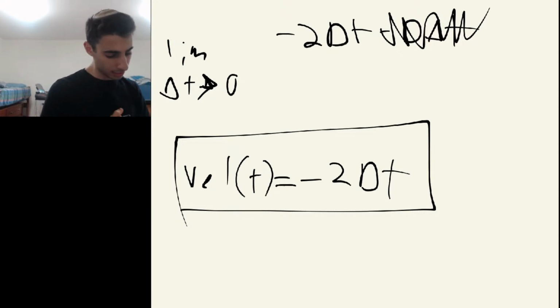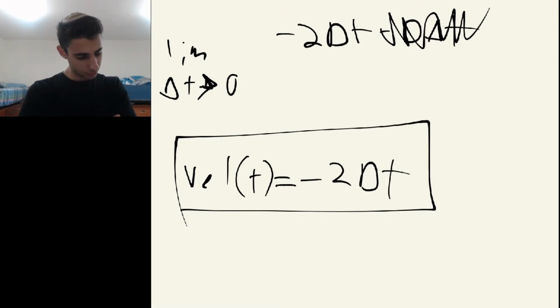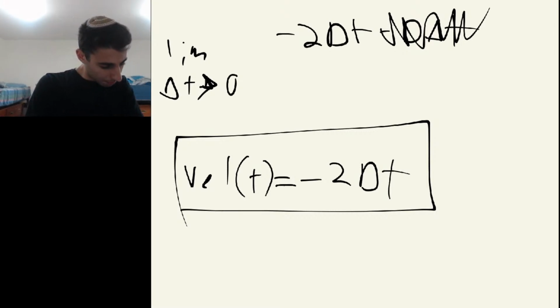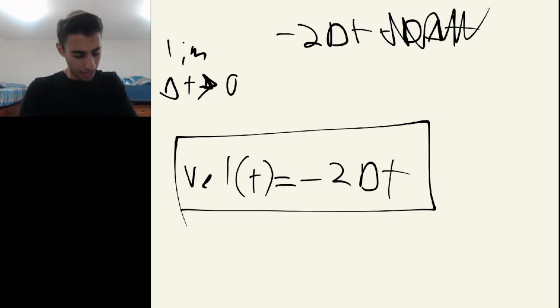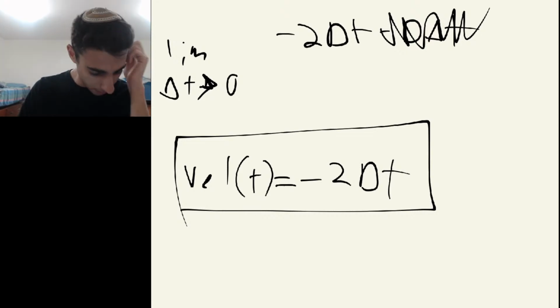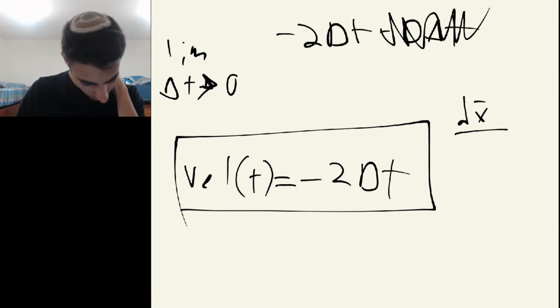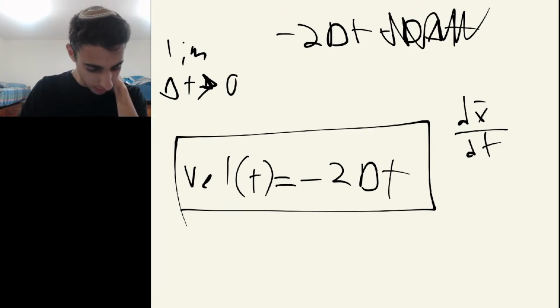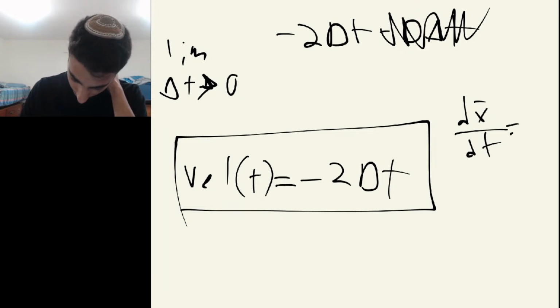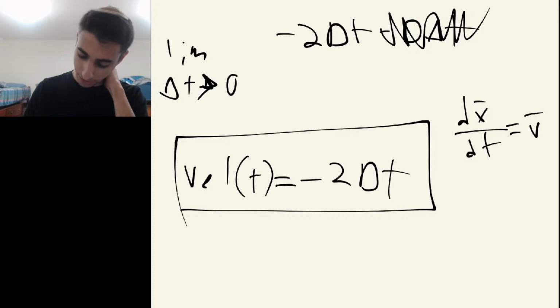Great. So that is your velocity at time t, using the limit. In physics, this is denoted as dx, where x is a vector, over dt. So that's the derivative of your position over dt. And this equals velocity, which is also a vector, by the way.